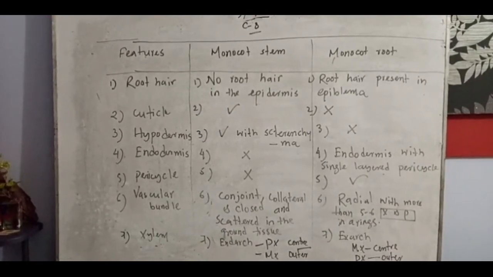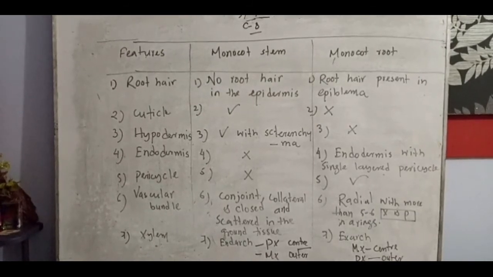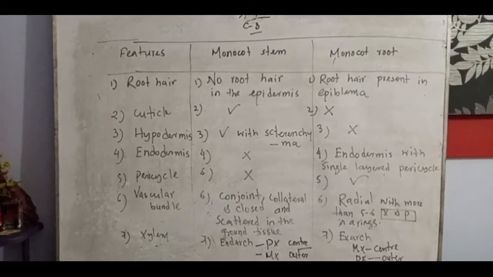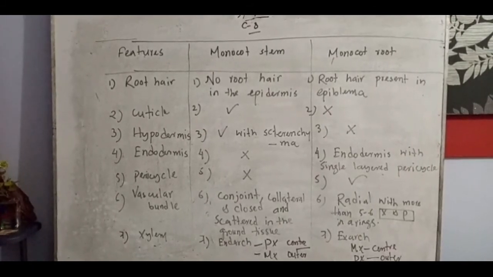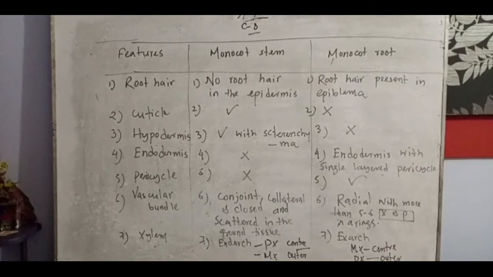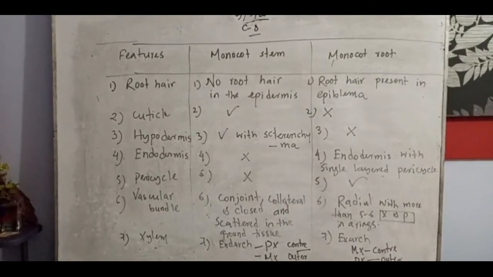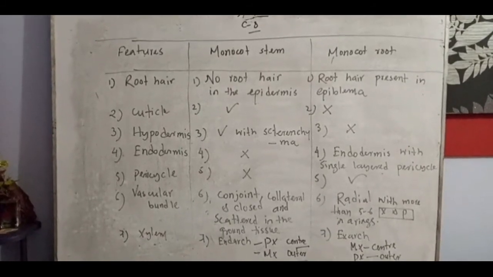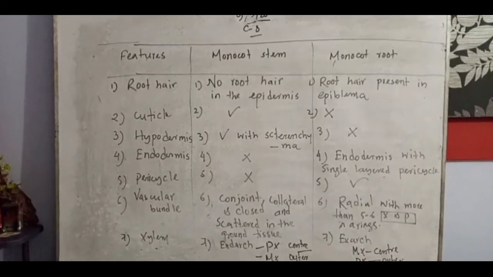So for the xylem, in endarch the protoxylem is towards the center and the metaxylem towards the outer. And in exarch, the metaxylem is towards the center and the protoxylem towards the outer.